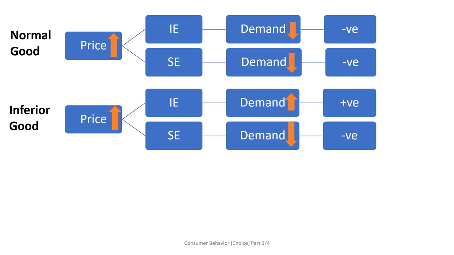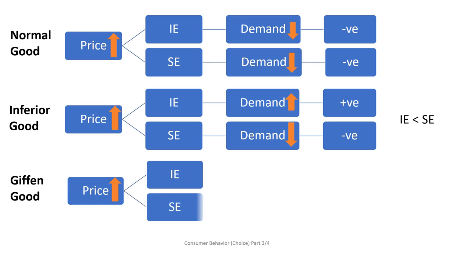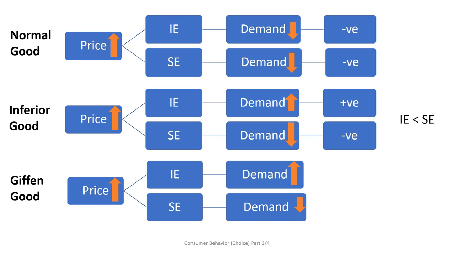Third is the case of Giffen goods. Again, assume that the price of the commodity increased, and break it down into income and substitution effect. Because of the increase in the price, the real income decreased, and since Giffen goods are also inferior goods, their demand will increase. The substitution effect is the same in all cases, that is, it will result in a decrease in demand.